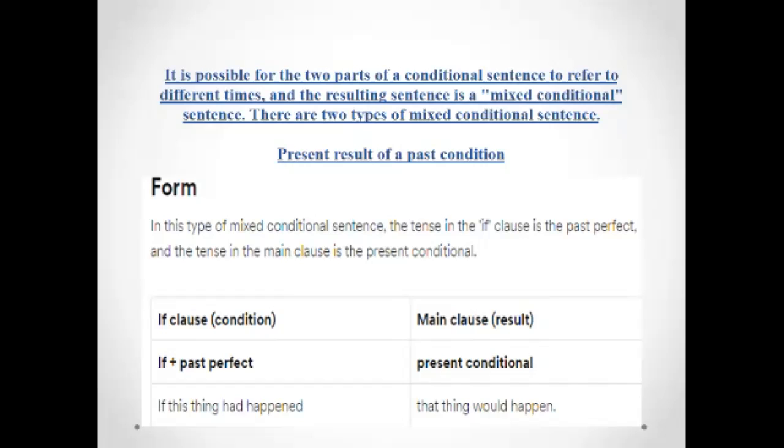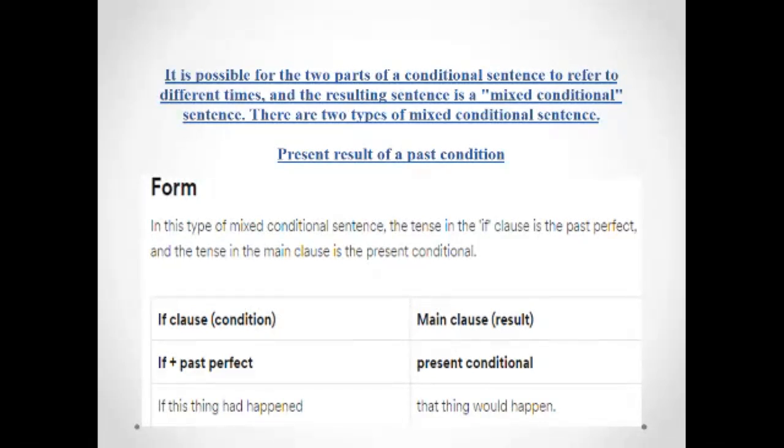Демек, қазіргі нәтиже өткендегі жағдайға байланысты болады. Бірінші, қазіргі нәтиже өткендегі жағдайдың салдарынан болады. In this type of mixed conditional sentence, the tense in the if clause is the past perfect, and the tense in the main clause is the present conditional.